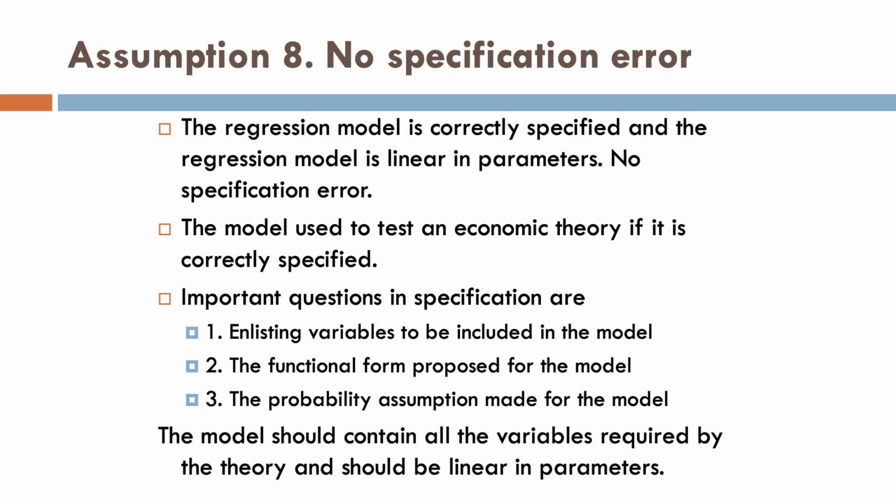Assumption 8. The regression model is correctly specified and the regression model is linear in parameters. No specification error. The model used to test an economic theory is correctly specified.